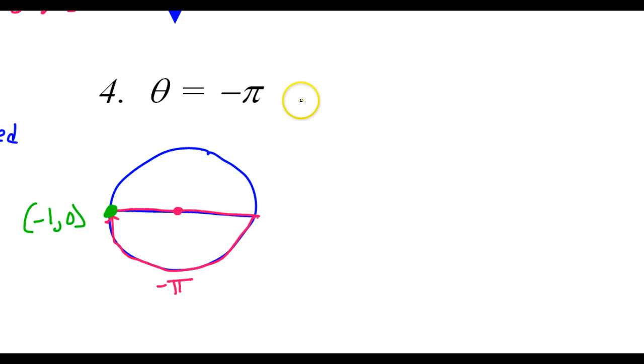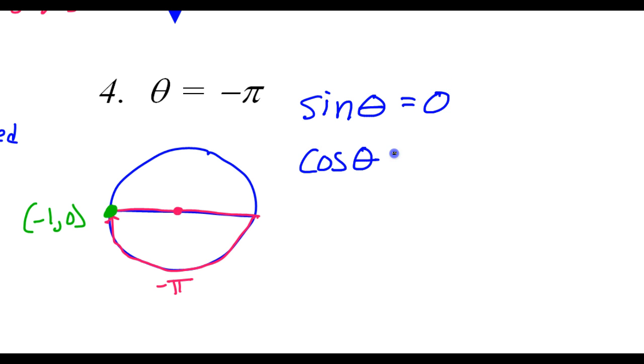I'm sorry, my OCD is happening, and I always do sine first. So sine is the y value, so sine is 0. Now cosine, which is the x value, is going to be negative 1. Now tangent, which is one of the reasons I always put sine over cosine, because then it's all set up for me. Tangent is sine over cosine. 0 divided by negative 1 is just 0.